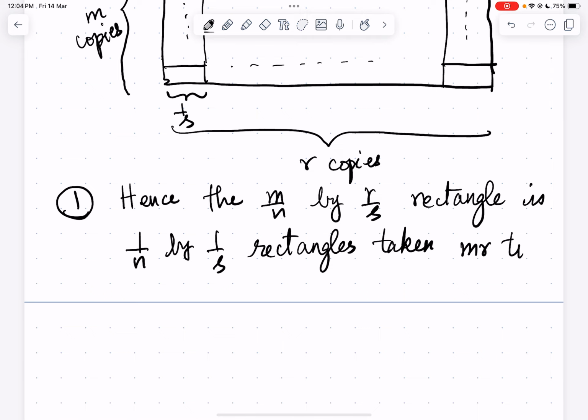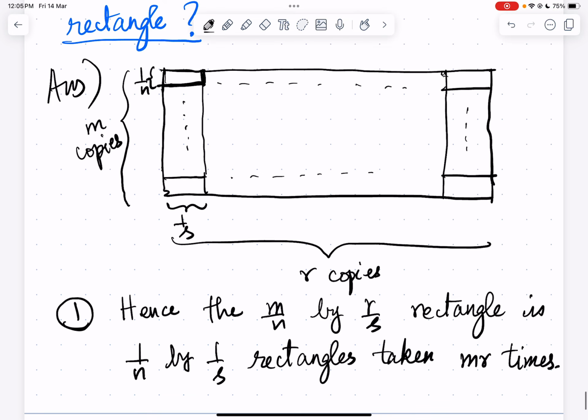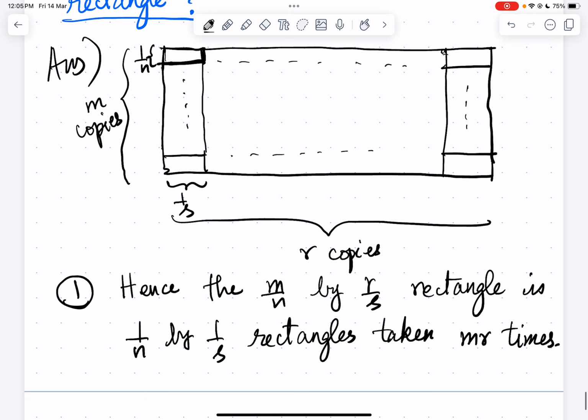So there are mr many of these small rectangles, and each small rectangle has sides 1 by n and 1 by s. This is the first observation. We have divided the m by n by r by s rectangle into mr copies of 1 by n by 1 by s rectangles.